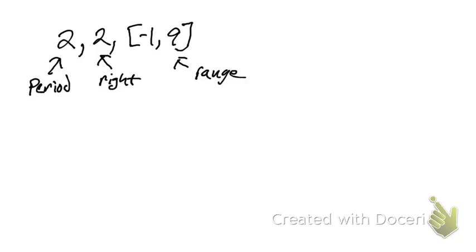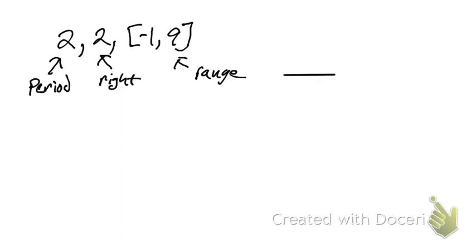Let's talk about that range really quick, because it's probably been a while. Range is your lowest to highest point on your graph, your lowest y value to your highest y value on a graph. So if you picture a regular sine curve in your head, it bounces somewhere between -1 and 1. It just keeps bouncing back and forth between -1 and 1. Well, this says now it's bouncing between -1 and 9.